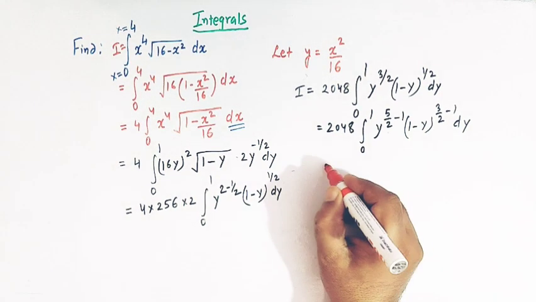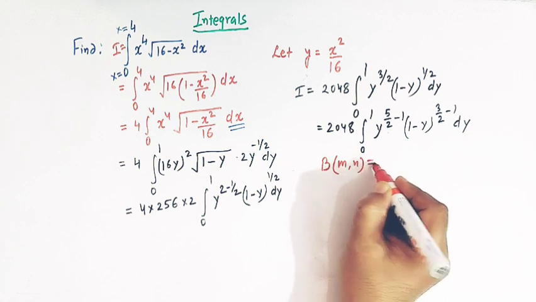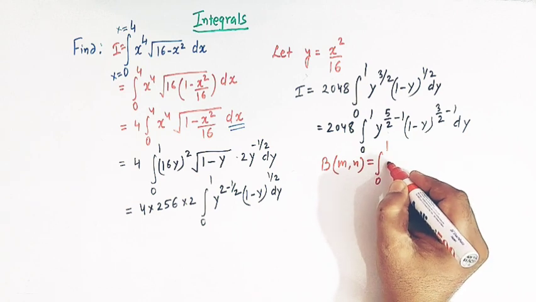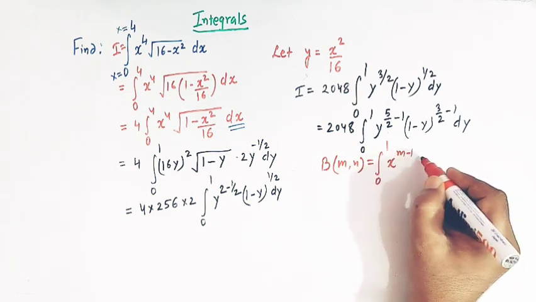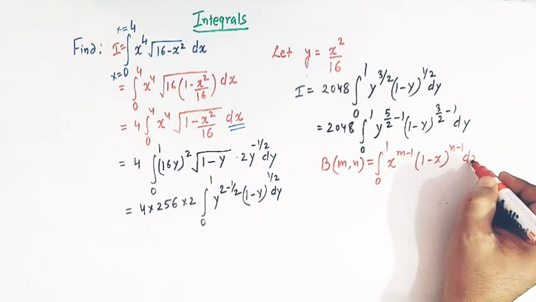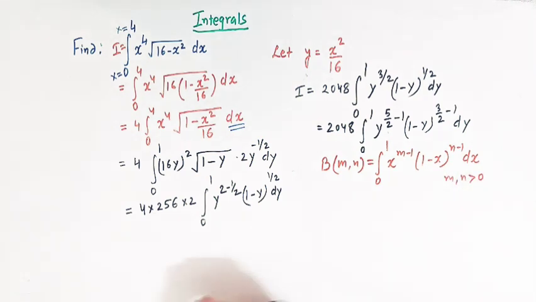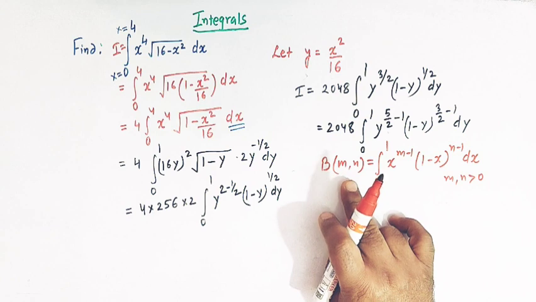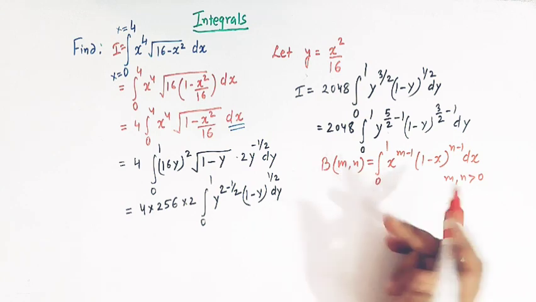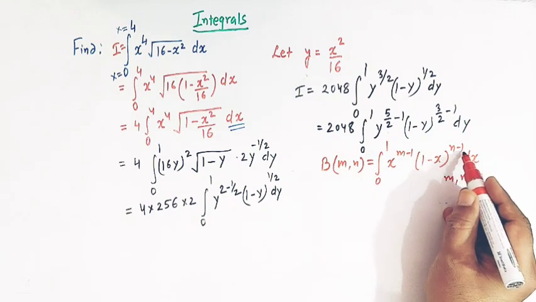So now see, the beta function is defined like this: beta mn, we can write it as 0 to 1, x raised to m minus 1, and 1 minus x raised to n minus 1 dx, where m and n are greater than 0. So Euler's first integral is defined like this: beta mn is 0 to 1 x raised to m minus 1, and 1 minus x raised to n minus 1.